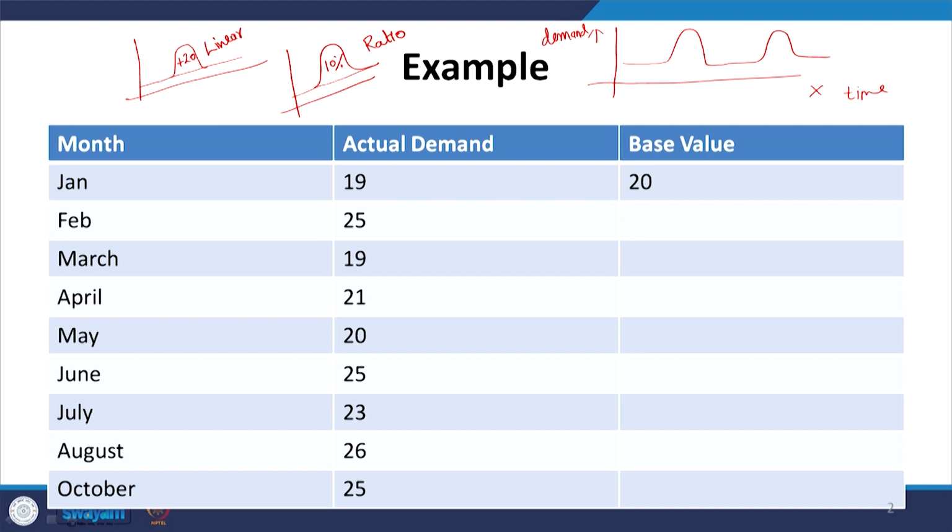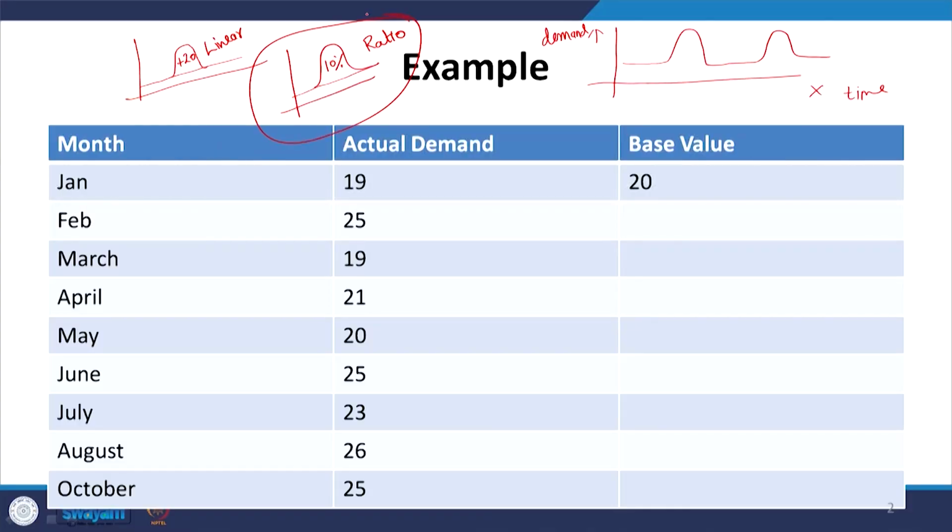So, in this class we are going to discuss the example of ratio seasonality, where the demand is a percentage of the average value. We will use some demand data, and since this requires a considerable amount of data, we have taken data for a 2 year period.